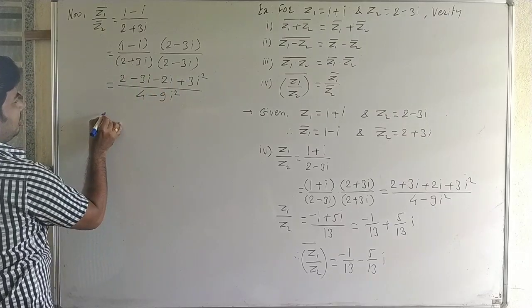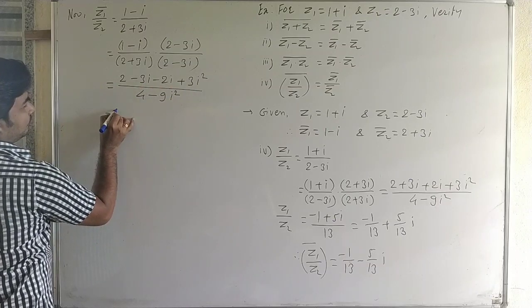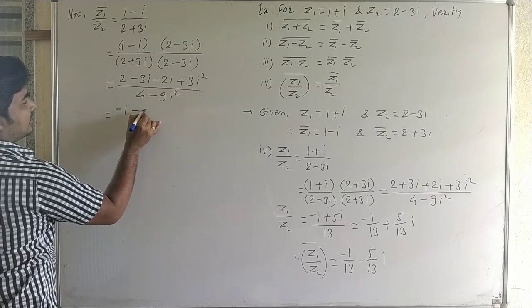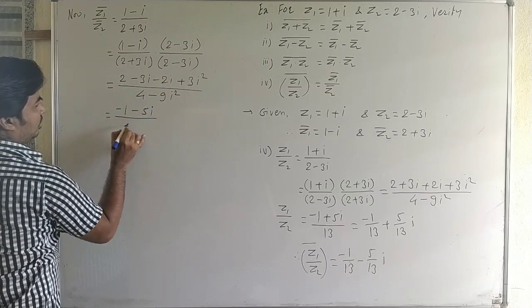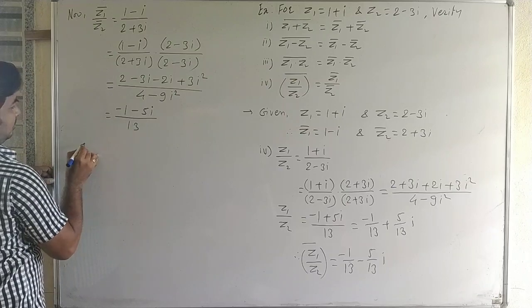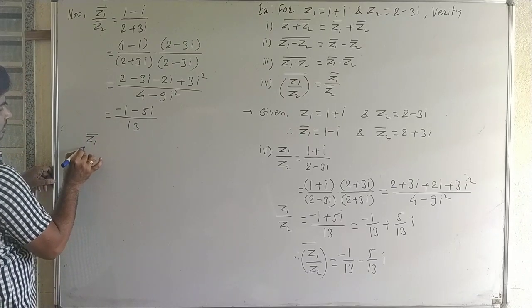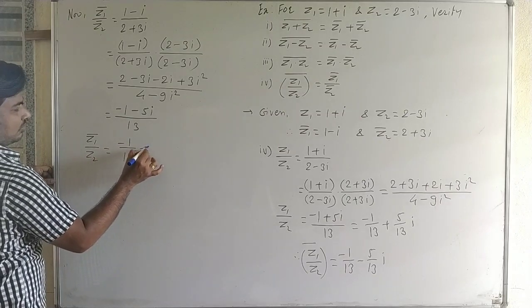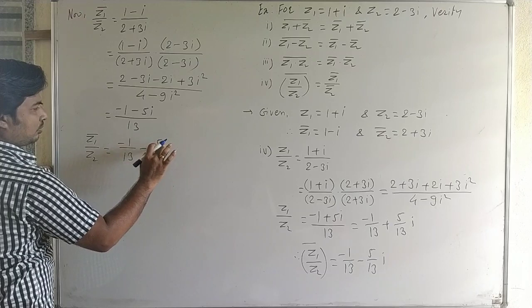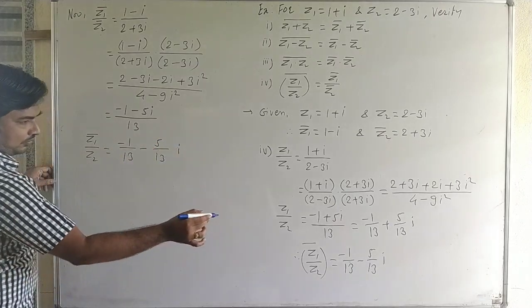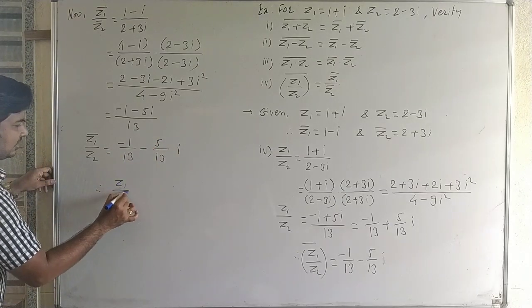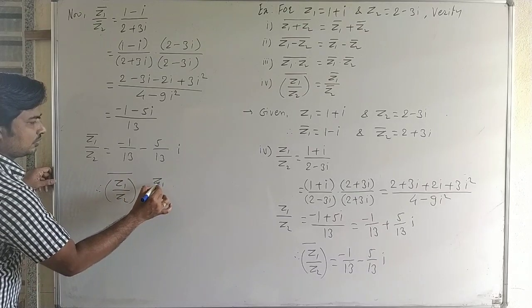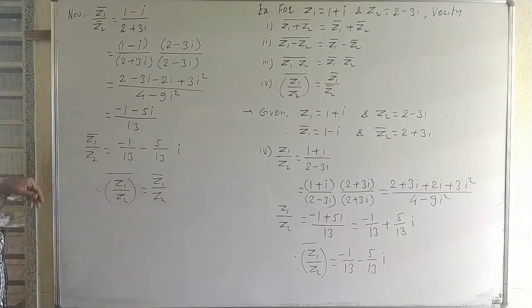Then it is 2 minus 3, minus 1, and minus 5i upon 13, and therefore z1 bar upon z2 bar is equal to minus 1 upon 13 minus 5 upon 13 i.